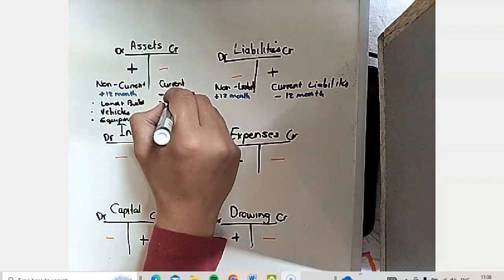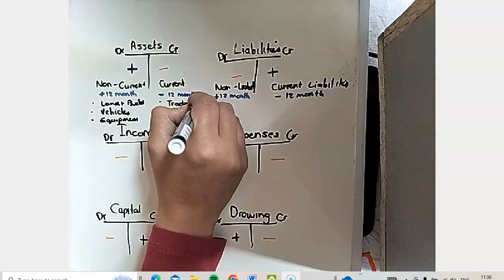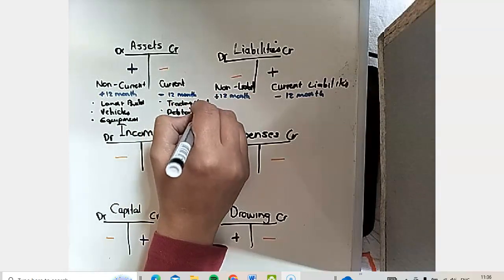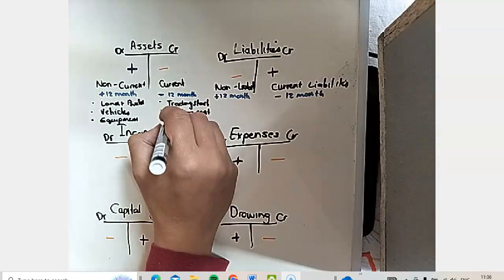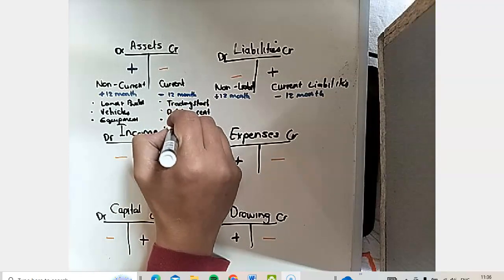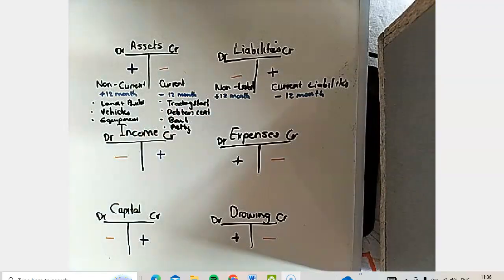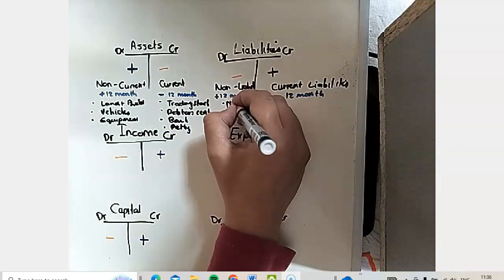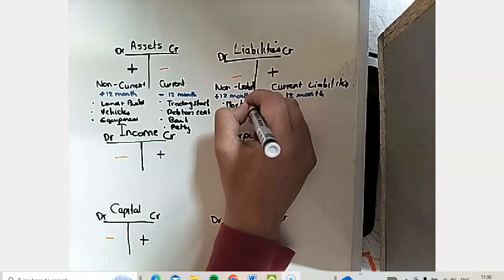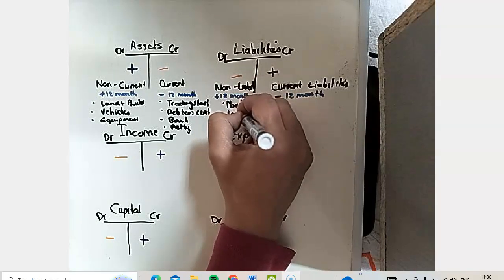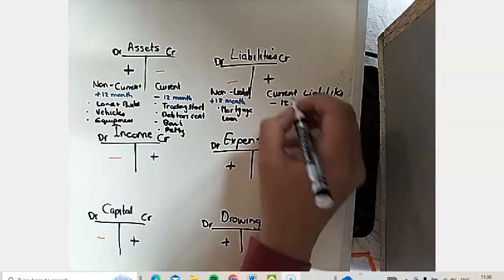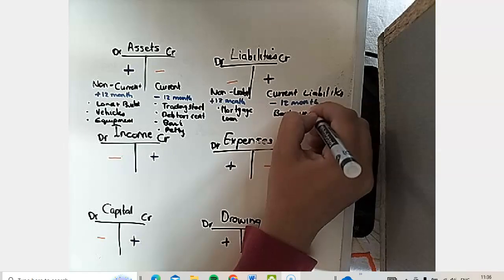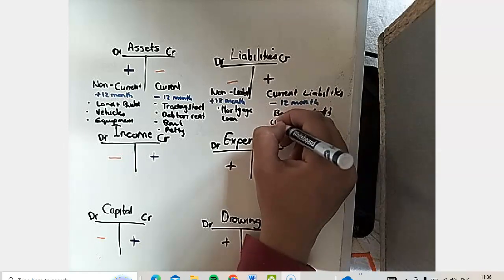Current assets are like trading stock, debtors control, and then any bank, like bank or petty cash or cash float. Non-current liabilities are like a mortgage loan, and then your current liabilities are like a bank overdraft or creditors control.